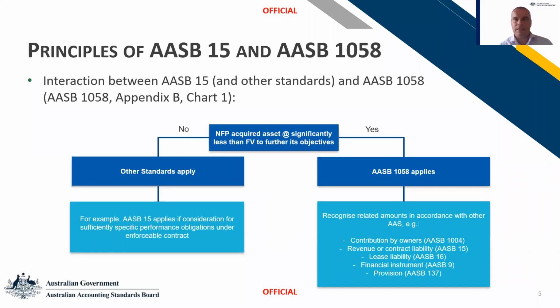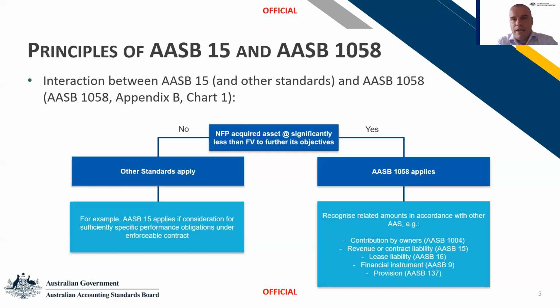We'll mention on the next slide, or maybe a couple of times, that AASB 1058 operates on a residual basis, and that's illustrated on the right-hand side of this flow chart. So it does require the entity, once the transaction is in the scope of 1058, to determine what are the related amounts, other assets arising from the transactions that should be recognized under appropriate other accounting standards, and then what are the other related amounts, again looking at the requirements of other accounting standards.